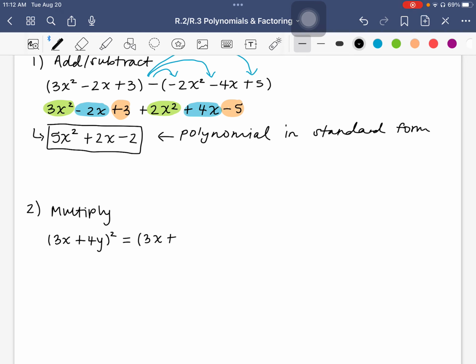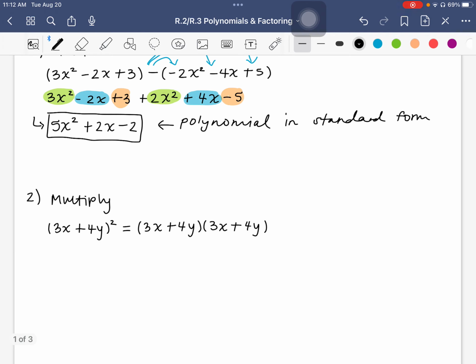So we're multiplying it by itself like this. And what we'll do is use the FOIL method here. So that is this here, and it stands for first, outer, inner, last. And so that's how we are going to distribute our terms.